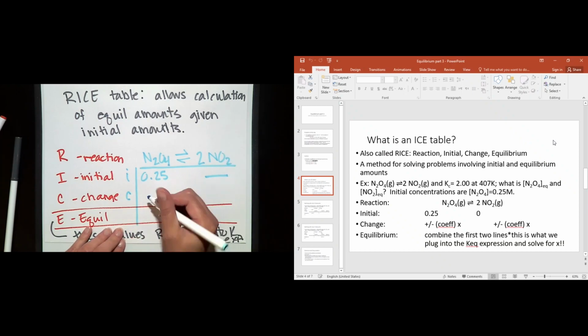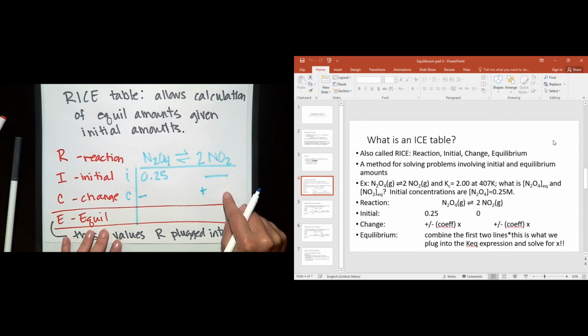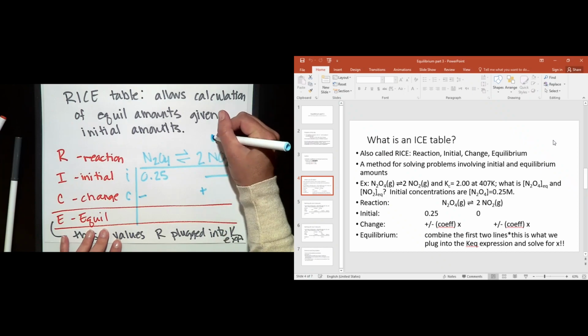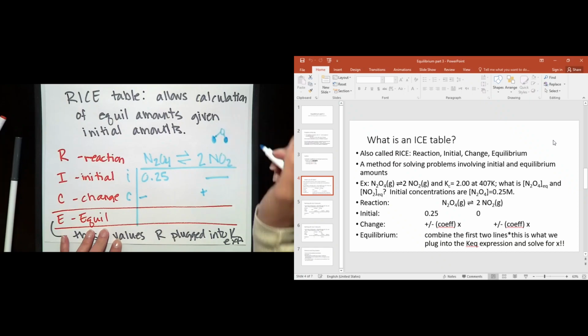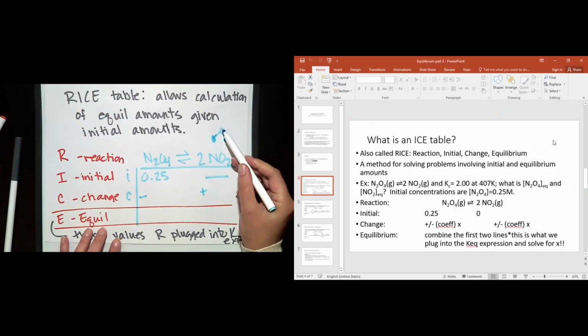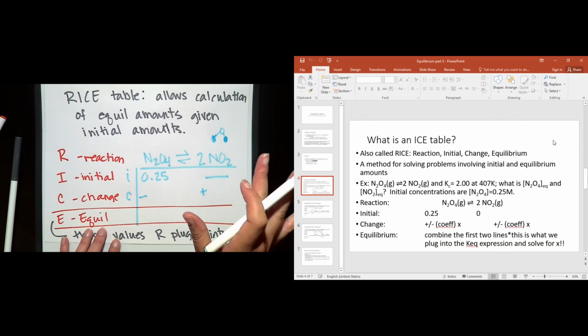How do I know that my negative sign is on that side and my positive is on my product side? Well, I can't take away from 0. Let's say this image is a nitrogen, an open circle, and 2 filled circles are the oxygen atoms attached. Which is totally not the structure, but let's say that's what it looks like.